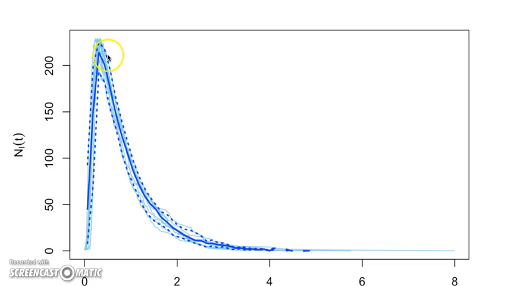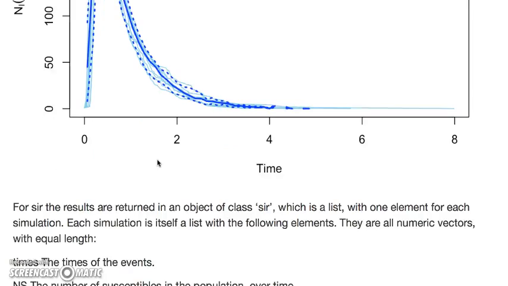Then there is a representation with a dashed curve and a solid blue one. I'm going to let you explore and determine the meaning of the solid and the dashed. You may want to think of this as some type of interquartile range at each time step, but I will let you confirm exactly what it means.